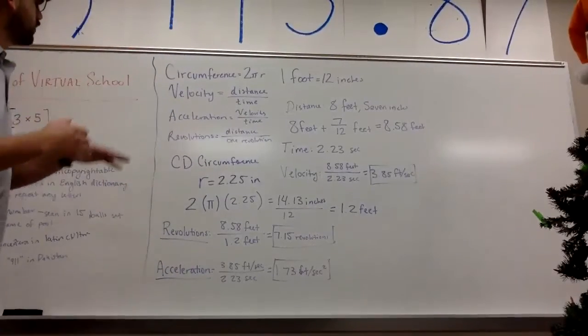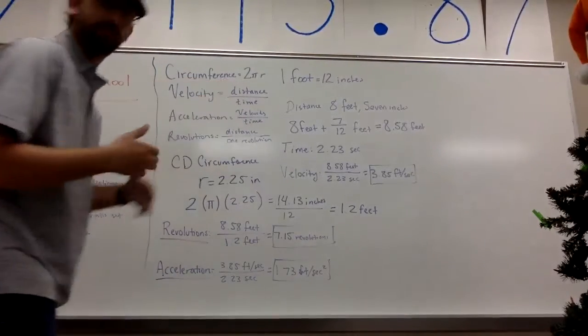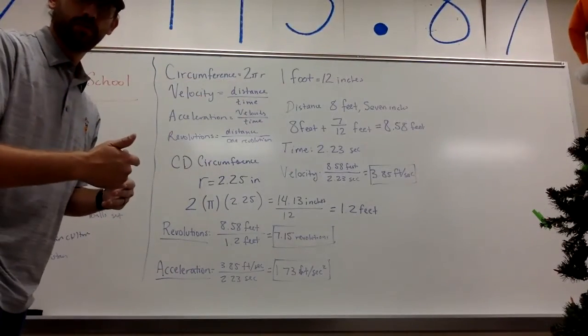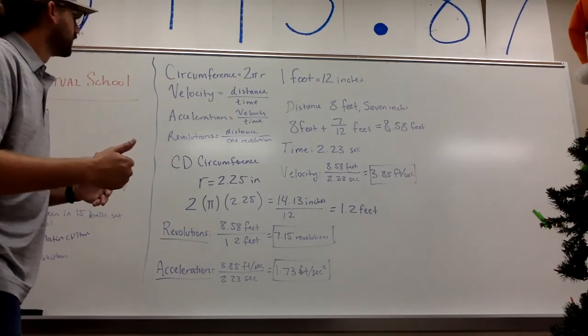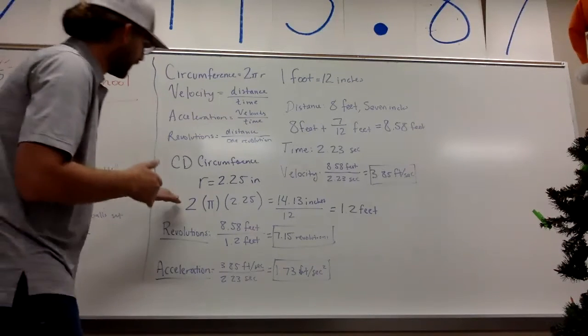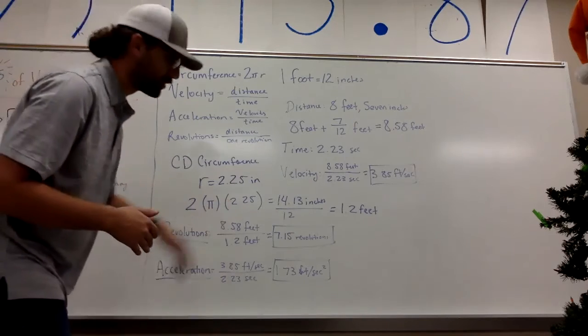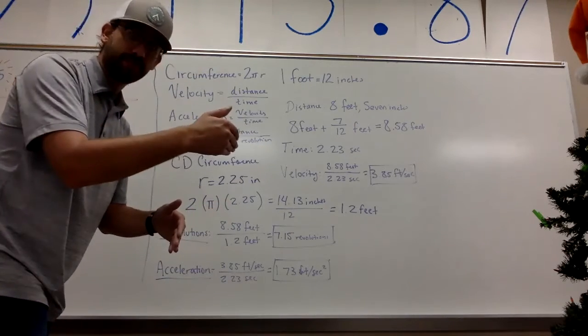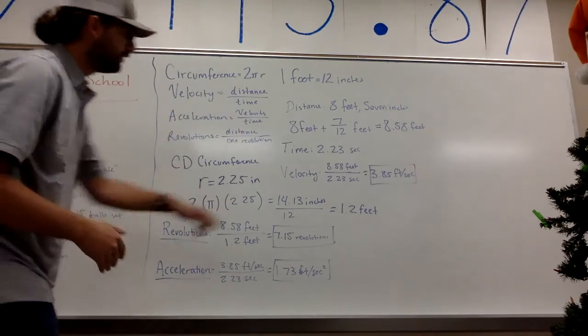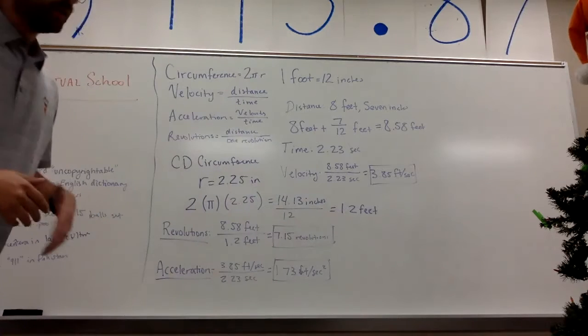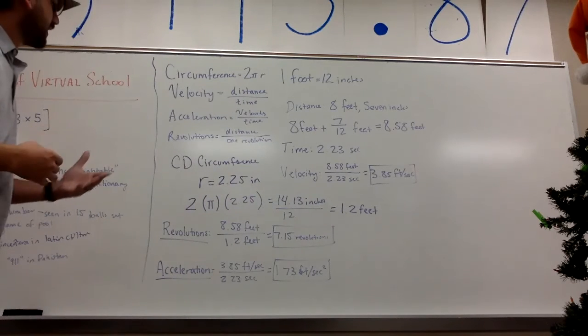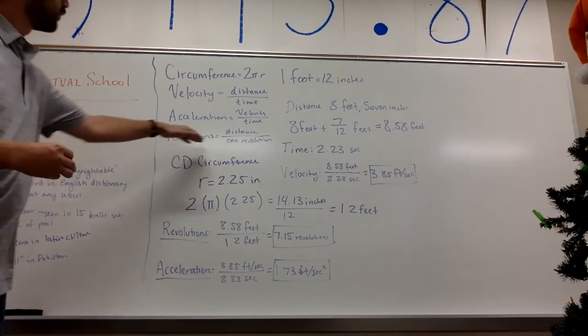So what we did here is we calculated the circumference of our wheel. We found the circumference by using the circumference equation, 2 pi times the radius, which was from the side of the CD to the middle. We found that it's 1.2 feet. From that, we were able to find our revolutions.